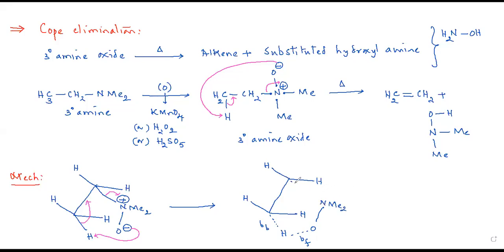Okay, you are going to break this bond. Let me put the positive charge. How about this? This is a bond to be formed. Okay, now this is a transition state.